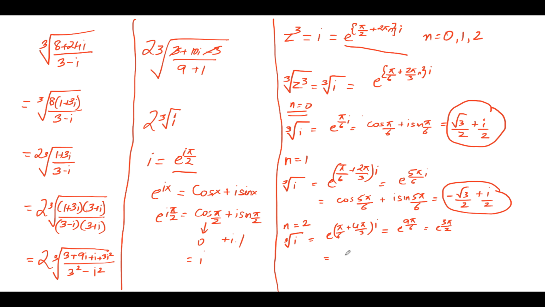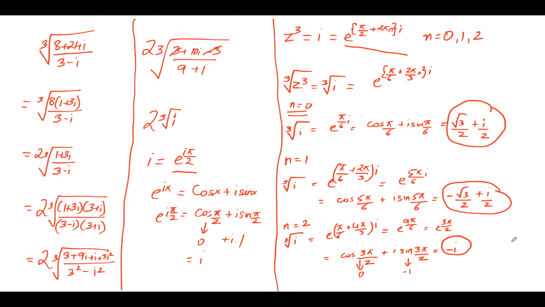So this would work out to be cos of 3 pi by 2 plus i sine of 3 pi by 2. Obviously the cosine part becomes 0 and the sine is minus 1, so this is going to be minus i. So now we have found the 3 roots for the cube root of i.